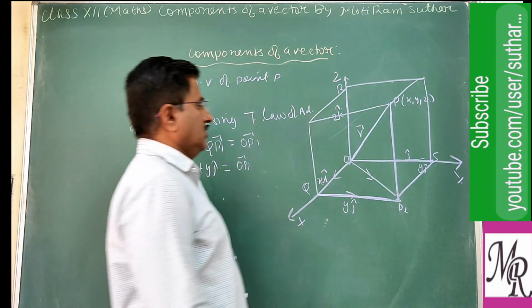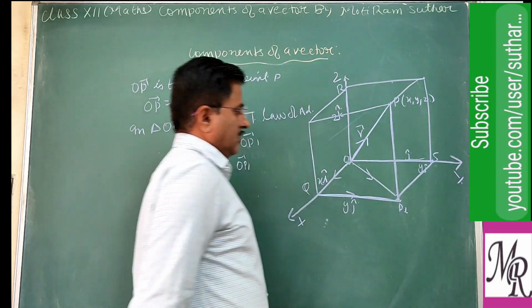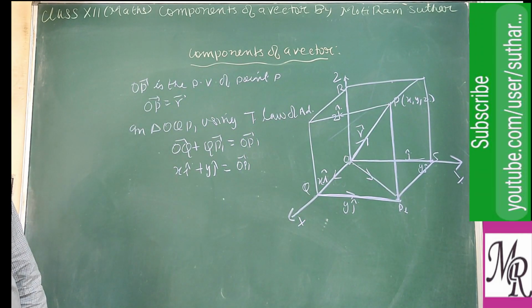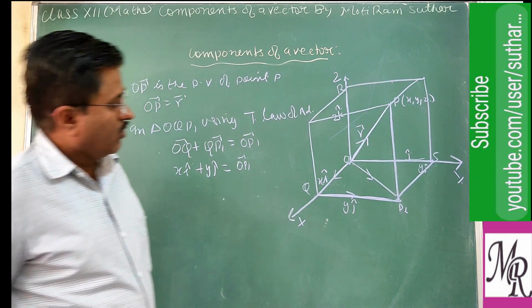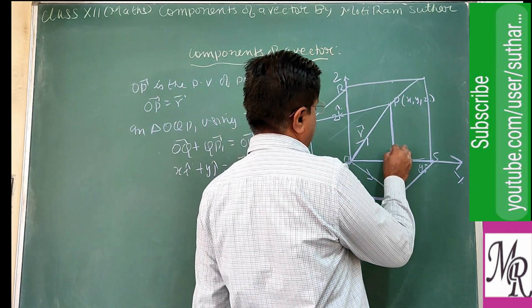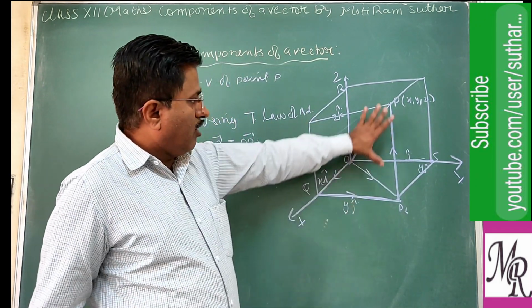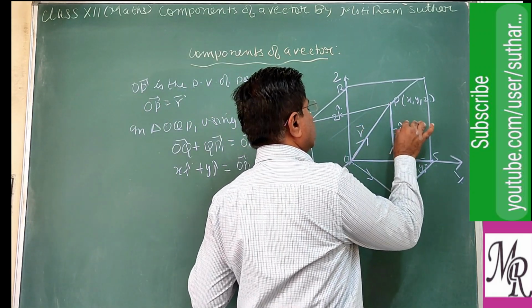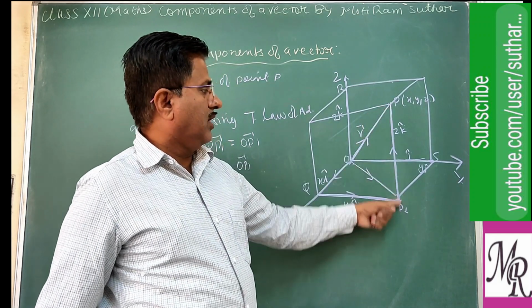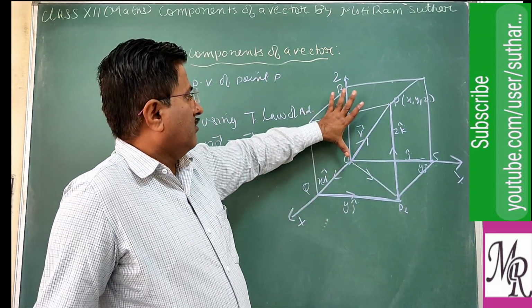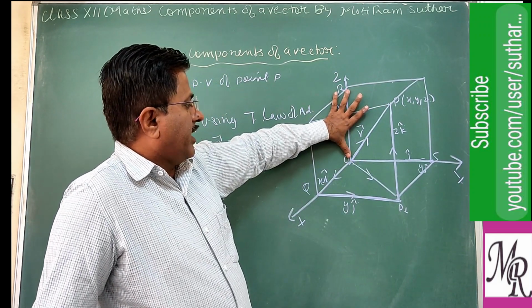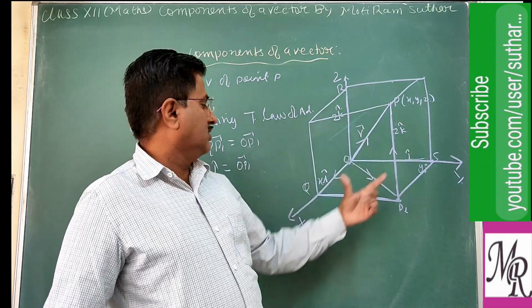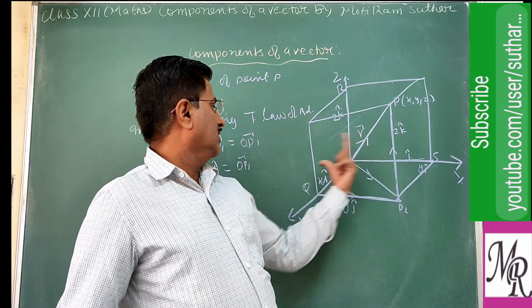Now if you see in this triangle, we have already said this is z k. This is parallel to z k. P1P is parallel to this. That's why whatever the length of this cuboid side, that will also be equal to this. Similarly, this side is opposite to this side.